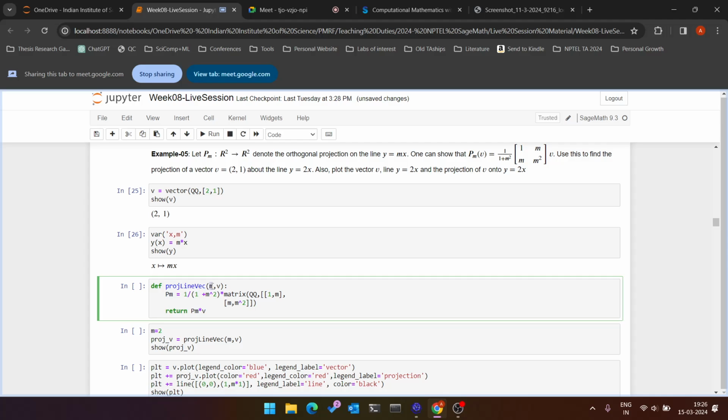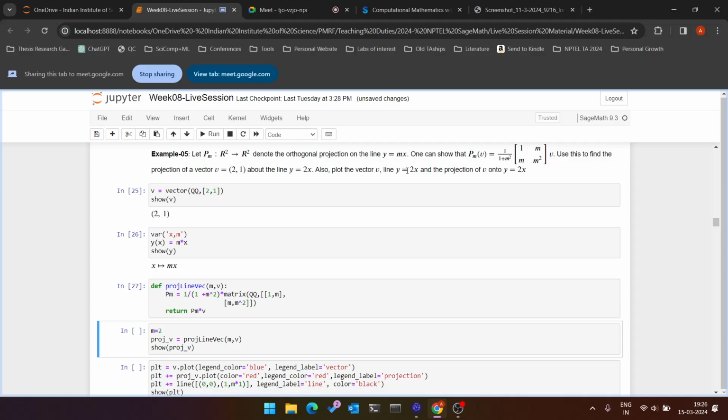It takes two arguments, m and v, denoting the slope of the line and the vector v, and it is basically defined as 1 by 1 plus m square into a 2 by 2 matrix on the QQ field, which is [1, m; m, m square]. So same as what we have been given. And then the projection is simply this 2 by 2 matrix Pm into the vector v.